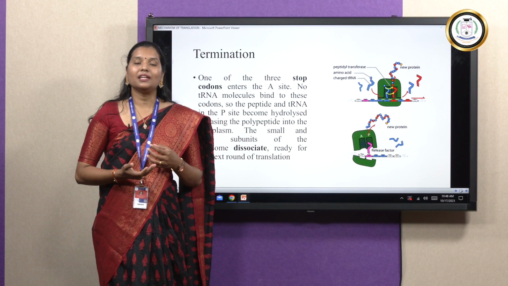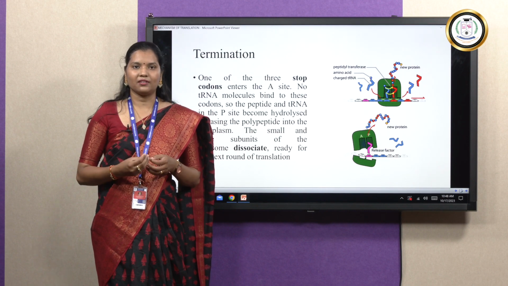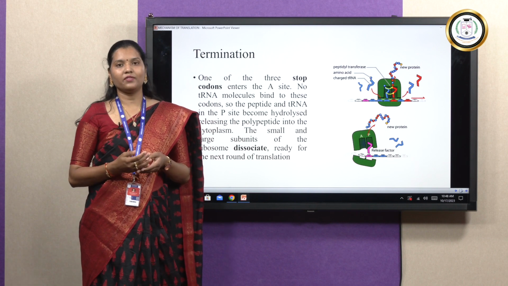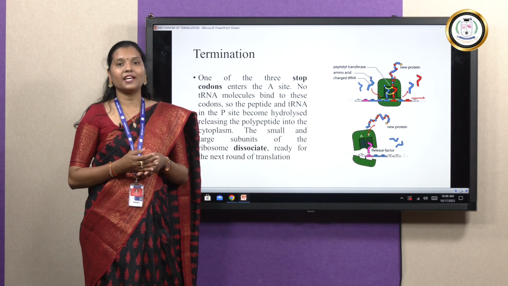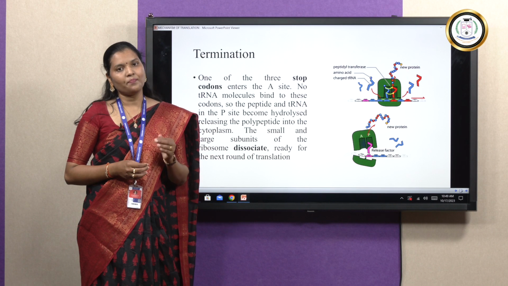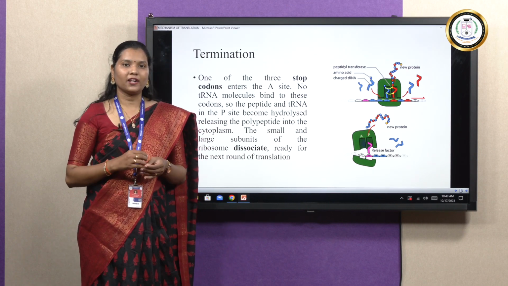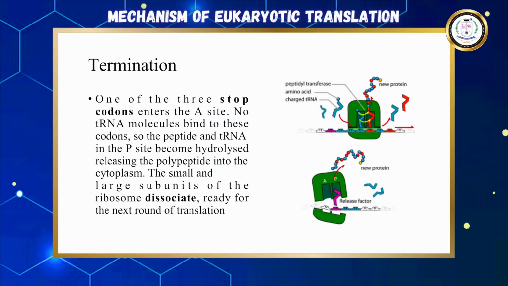Not only the eukaryotic release factor is involved here; along with that we have the peptidyl transferase enzyme as well as a GTP molecule. So the enzyme, GTP as well as the release factor make a complex and join the ribosomal complex here.